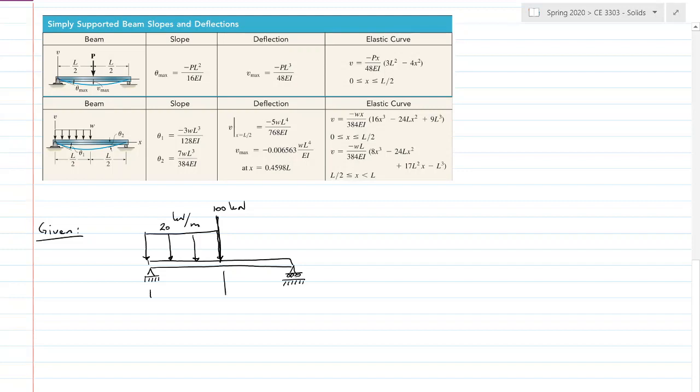Let's add some distances on here of 3 meters and 3 meters. A and B.